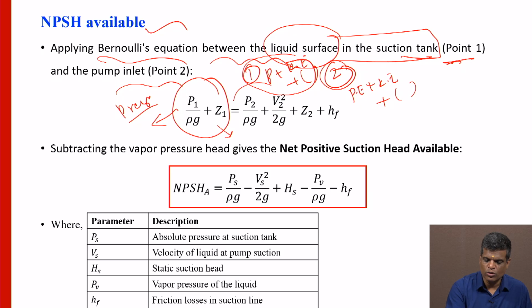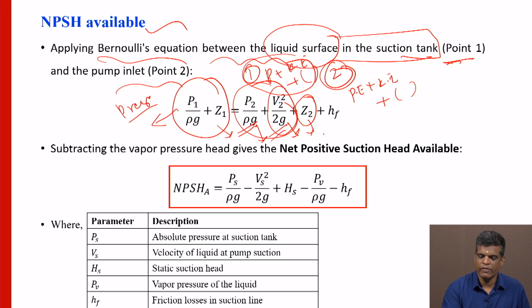That is equal to P2 by rho g, the pressure energy at point 2, then V2 square by 2g is the kinetic energy, then Z2 the potential energy, and HF is the friction loss in the suction line. So, all are mentioned here.